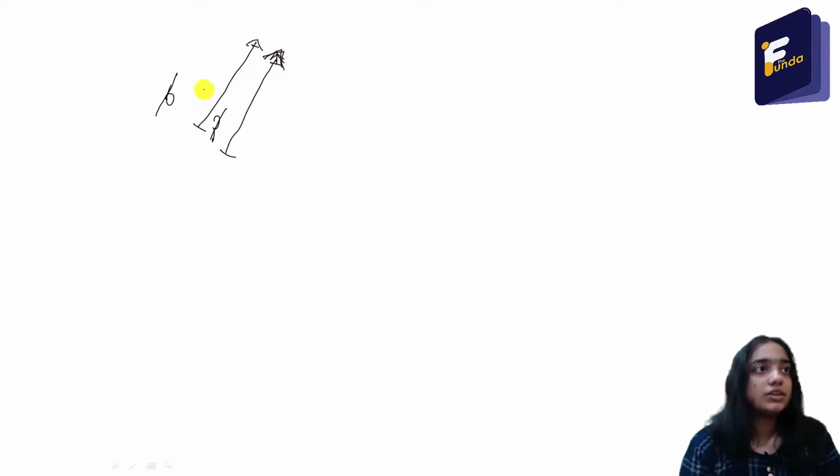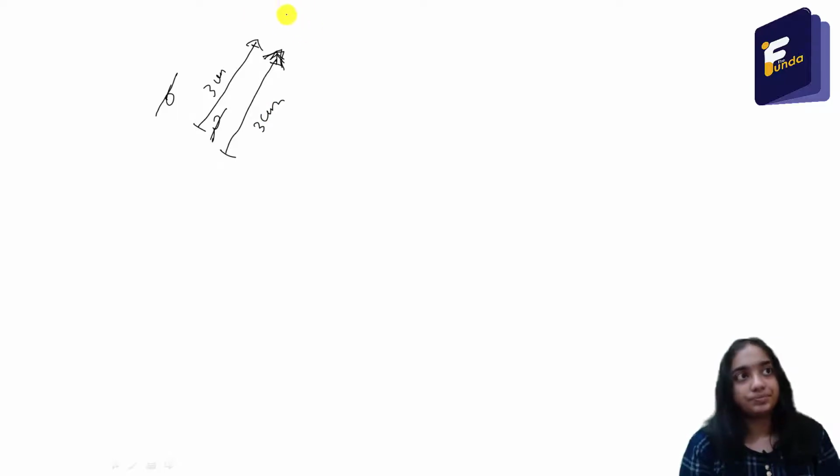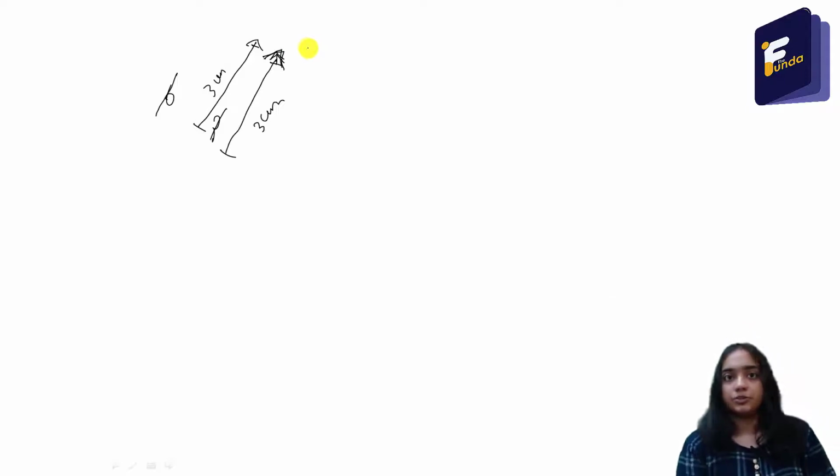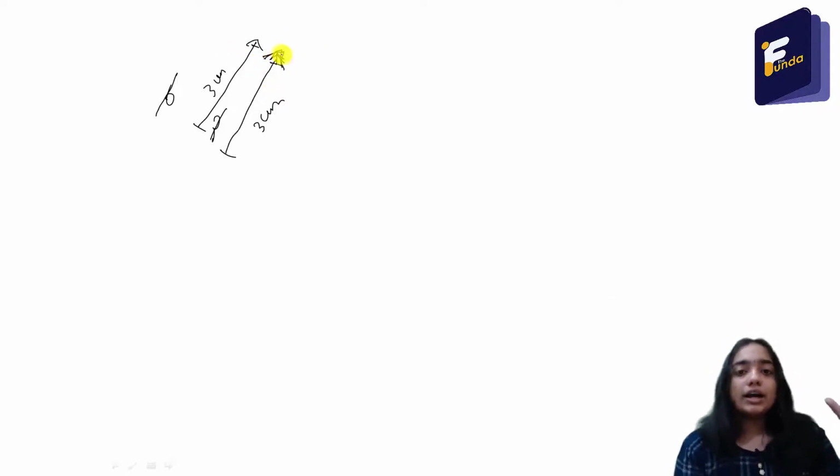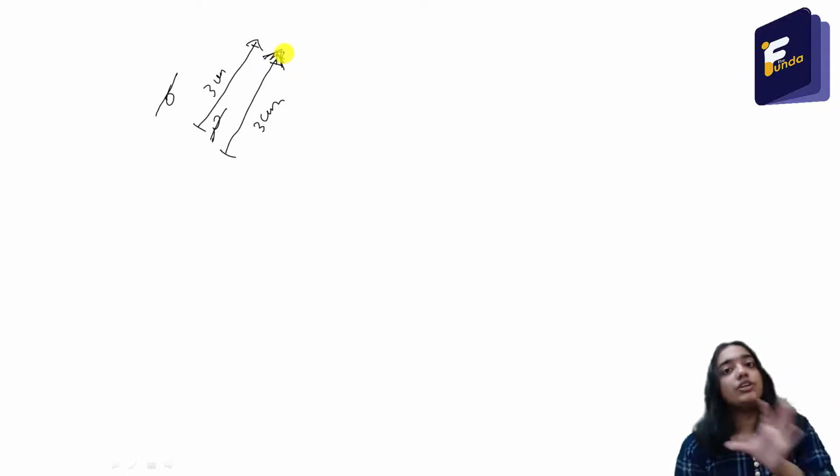Say this one is 3 centimeter, and this arrow also has a length of 3 centimeter. Say this is north, south, east, so this is northeast. Both are pointing to the northeast direction. So these two arrows are equal vectors because their magnitude and direction are the same.